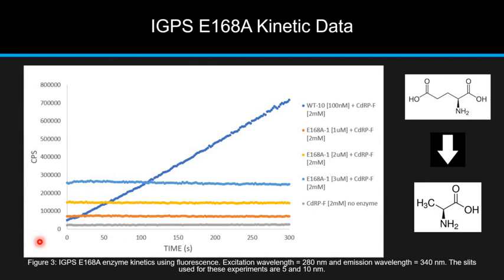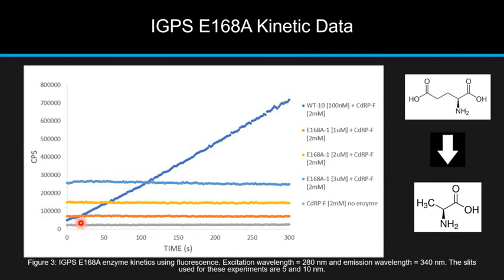Figure 3 shows some of the kinetic experiments performed on the E168A mutant. Using the same controls, the blue line represents the wild type enzyme, while the gray line represents the CdRP only control. We attempted to characterize this mutation.